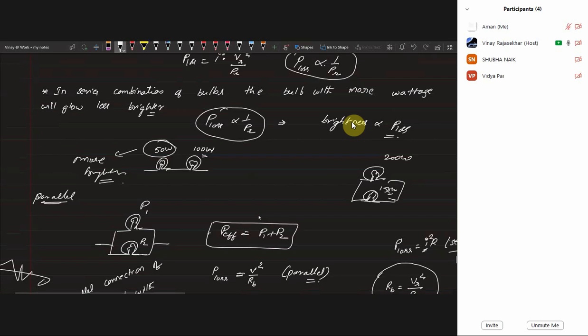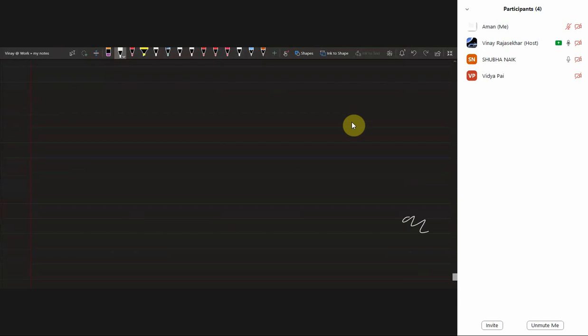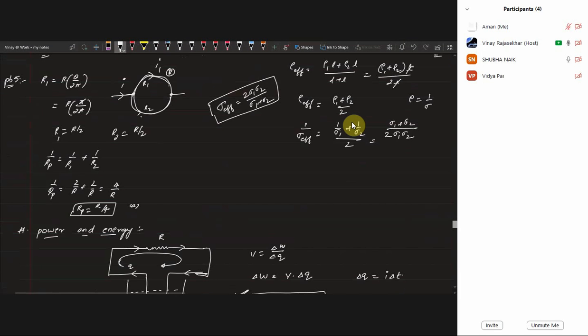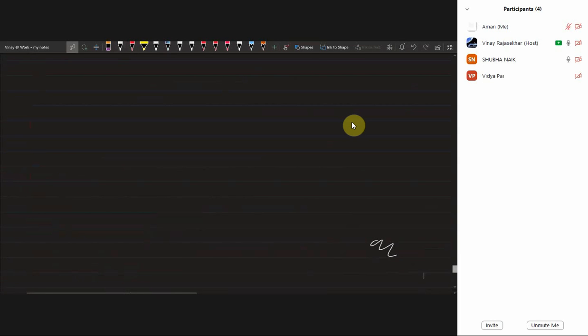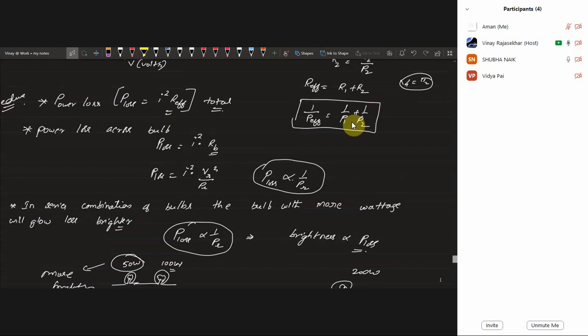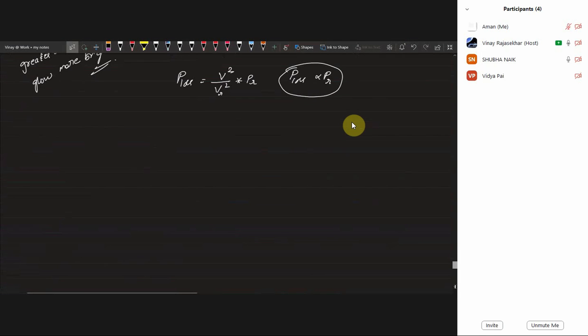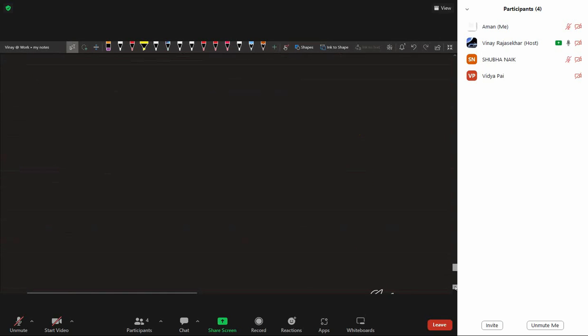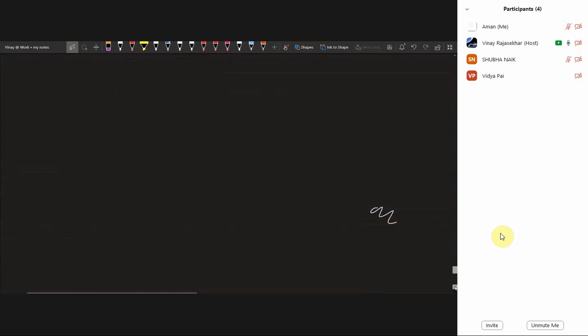In the last class, we discussed one concept. I hope you remember that. What does it mean? Cells connected in series. What is the effective EMF when cells are connected in series?